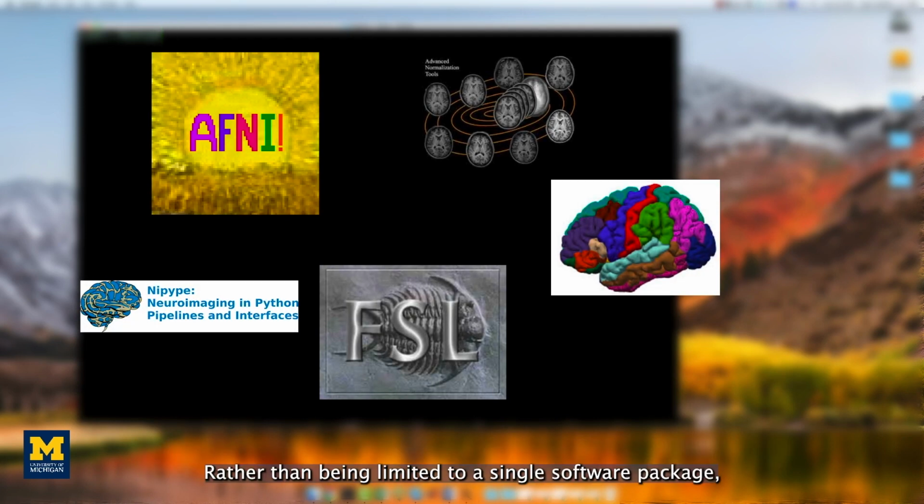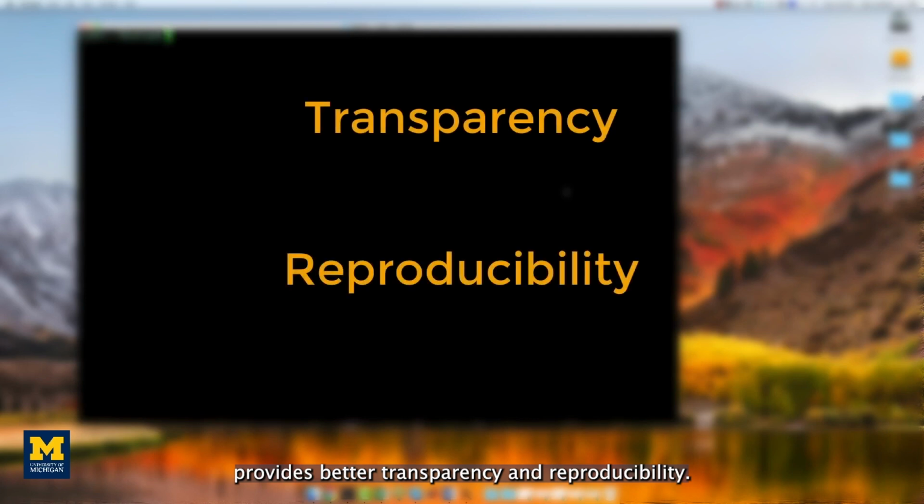Rather than being limited to a single software package, fMRIprep will leverage the best software tool for each pre-processing step, such as ANTS for normalization, FreeSurfer for surface reconstruction, and so on. It's simple to use, and because it's standardized, it provides better transparency and reproducibility.